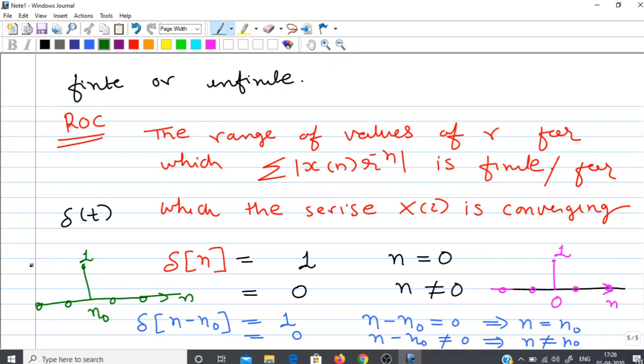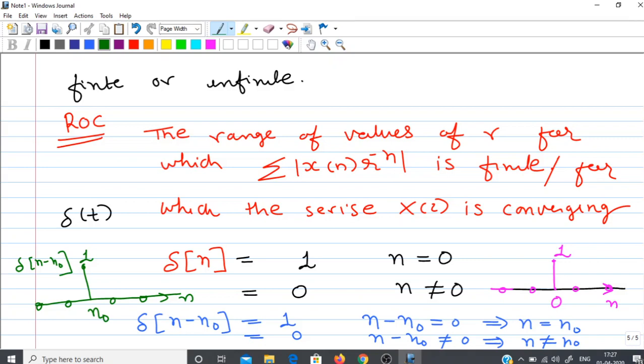So this is delta n minus n naught. This is how we define impulse, and you can see it is a unit sample sequence. It has only one non-zero sample. The rest of the samples of this sequence are 0.